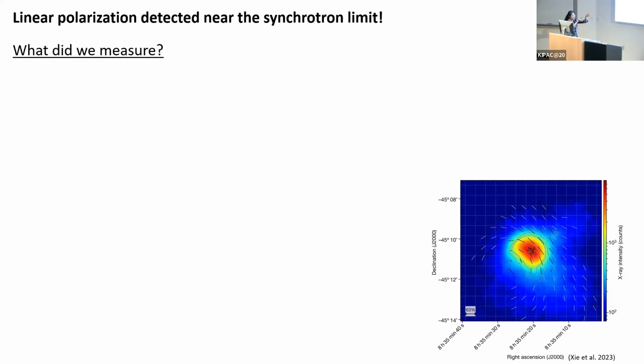But they still follow the general toroidal structure, because these lines generally follow the magnetic field.